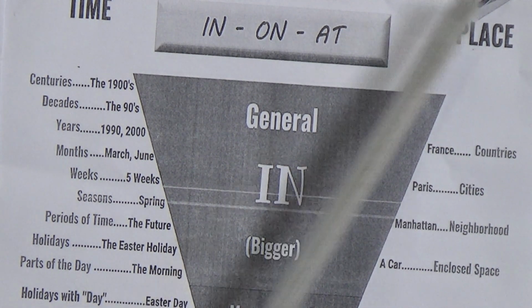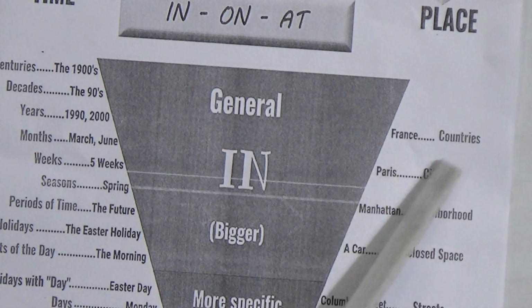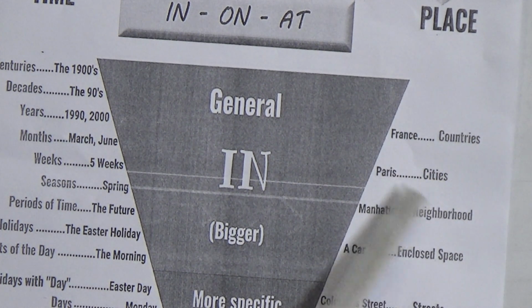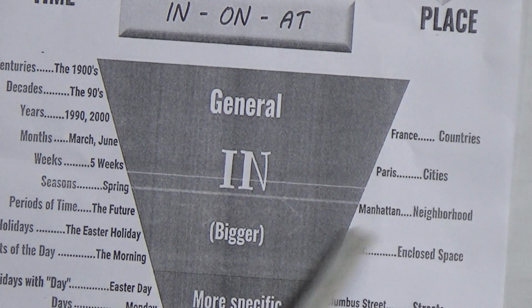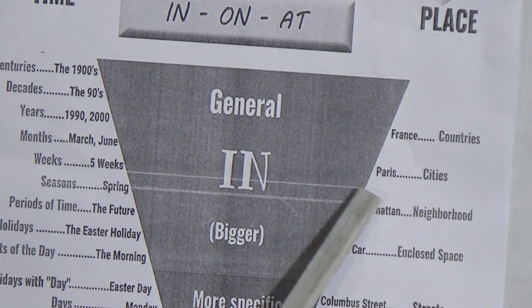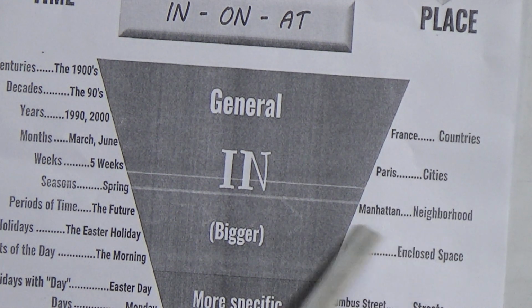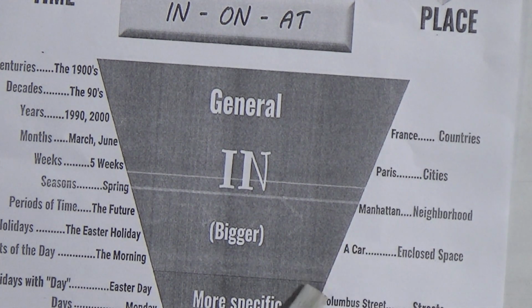Now we will go to the place, when we use in. When we mention countries, cities, neighborhoods or enclosed spaces, we will use in. Countries like France or Bangladesh, in France, cities like in Paris, in Dhaka, the neighborhood, like in Manhattan, or our neighboring neighborhood like in Narayanganj, enclosed space, in a car, in a building.